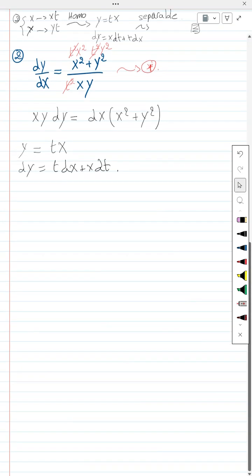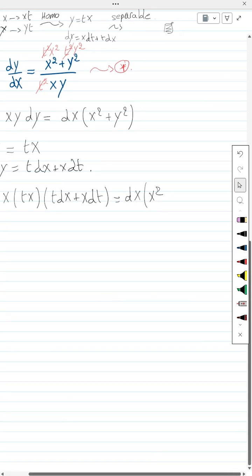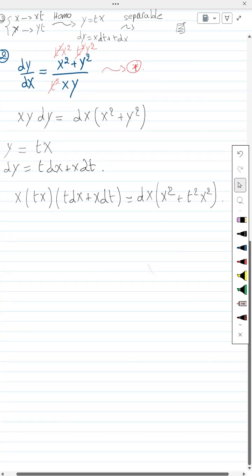It's going to be x times tx times t dx plus x dt is going to be equal to dx times x squared plus, sorry, it's going to be tx all squared, it's going to be t squared x squared, and right here we need to cancel.